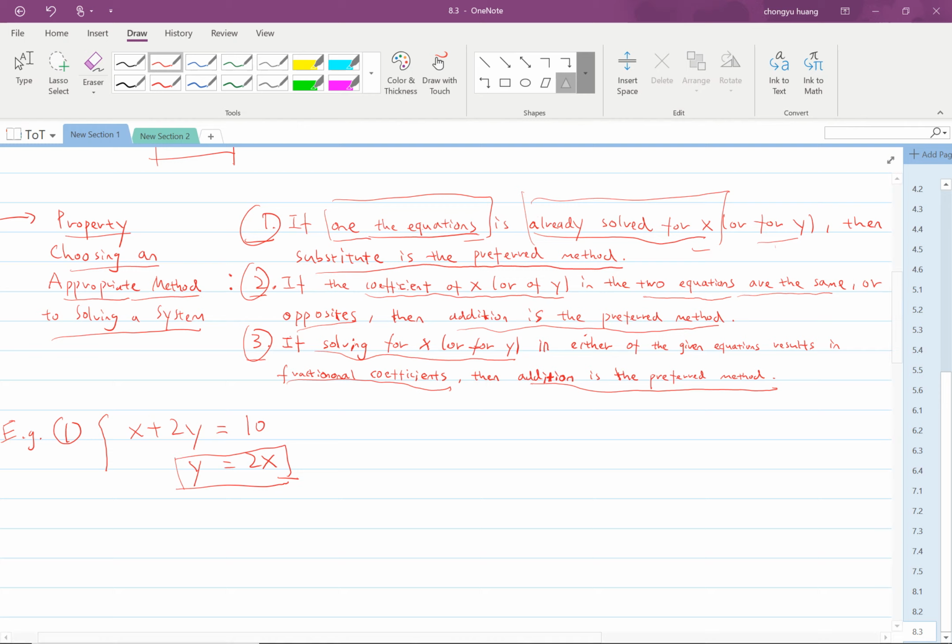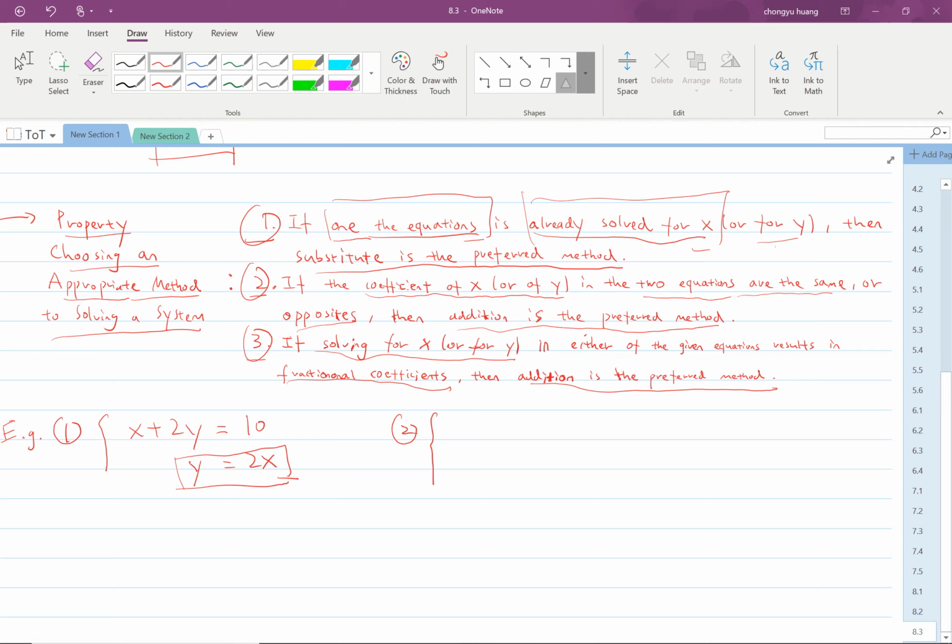And the second one says if the coefficients of x or y in the two equations are the same or opposite, then addition is the preferred method. So forget about those words and think about the equations.